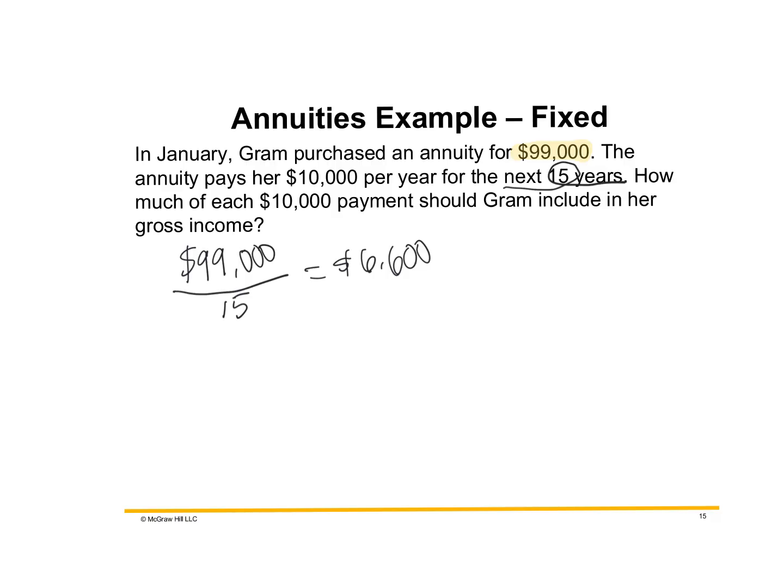And what this number represents is our return of capital, since we originally spent $99,000. So I'm going to label this as our return of capital.